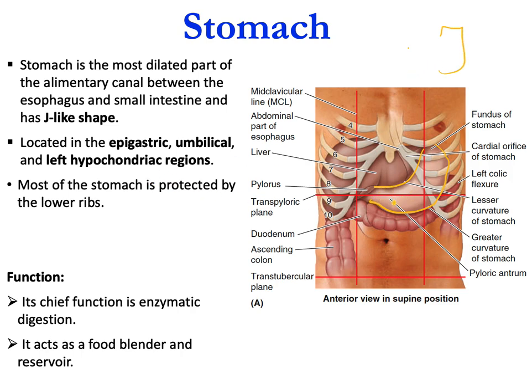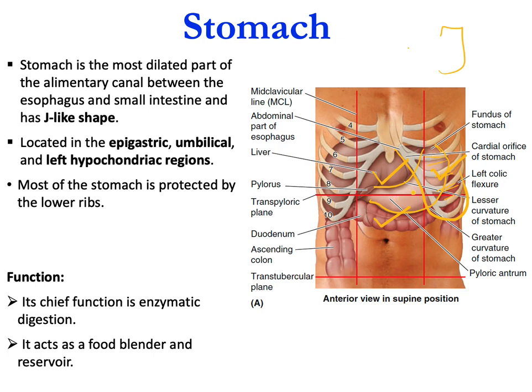So where is it located? The stomach, as you see here, is located in the umbilical region, in the epigastric region, and in the left hypochondriac region. That means it's located in 3 regions. Most of the stomach you see here is covered by the costal cartilage and ribs.